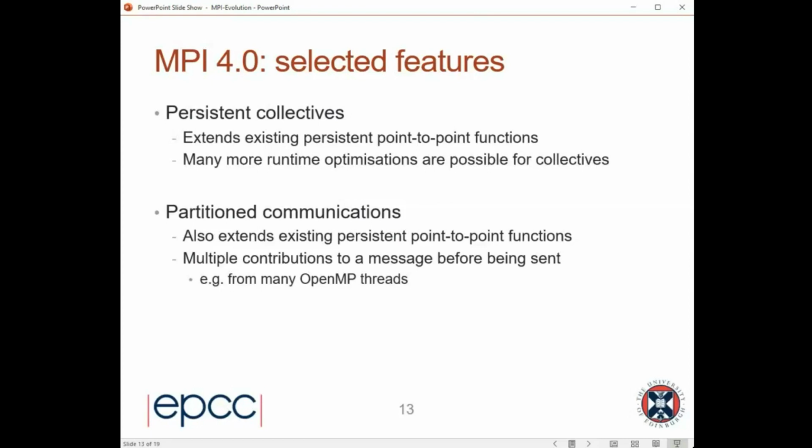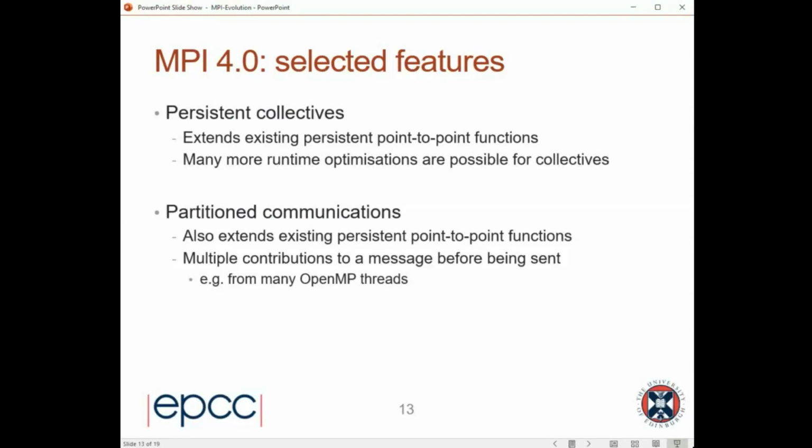But there was no way of saying, look, I'm going to do this lots and lots of times, go away and work out the best way to do it. So if you call 1 million all reduces in a program, every time MPI gets that all reduce, it pretends as if it's never seen an all reduce before.